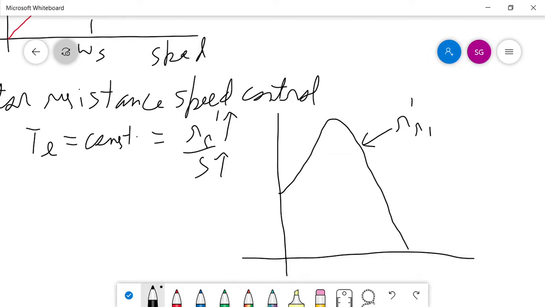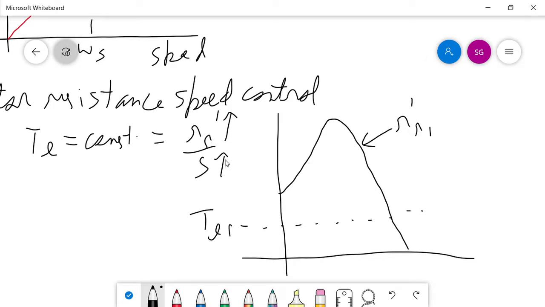Now let us say this is TE1. Okay. Now I go on increasing resistance. The same TE1 will exist for a higher RR dash, let us say RR2, which will be achieved at higher slip.